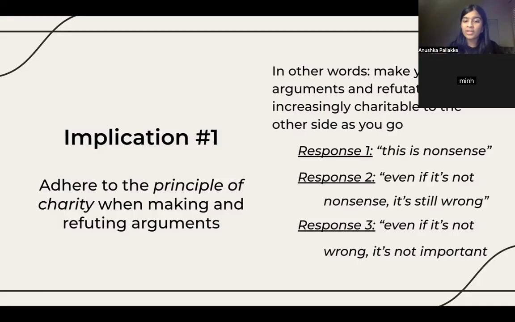They just have to prove that this argument is important. So you always want to follow this format of going one, two, three, increasing the charitability scale as you go. Not only does this give you new responses and offense on your case, it also means the opponents always have to respond to you.